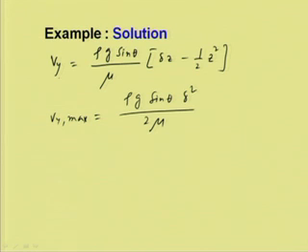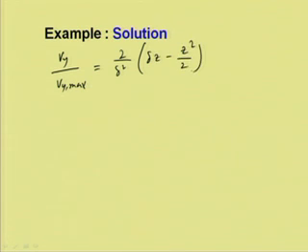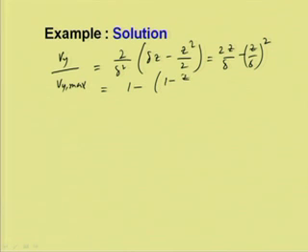So, if we divide V_y by V_y max, we can write 2 by delta square into (delta z minus z square by 2), which is equal to 2 z by delta minus (z by delta) square, which is equal to 1 minus ((delta minus z) by delta) whole square.